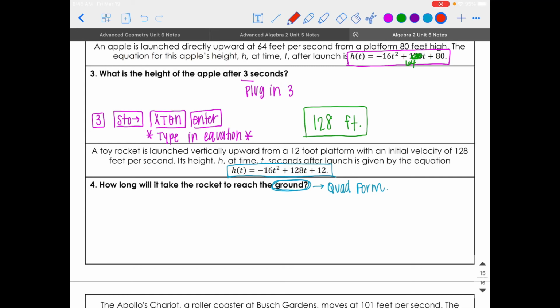All right, so that quadratic formula, negative b plus or minus the square root of b squared minus 4ac all over 2a. And remember, we always put parentheses around every letter.